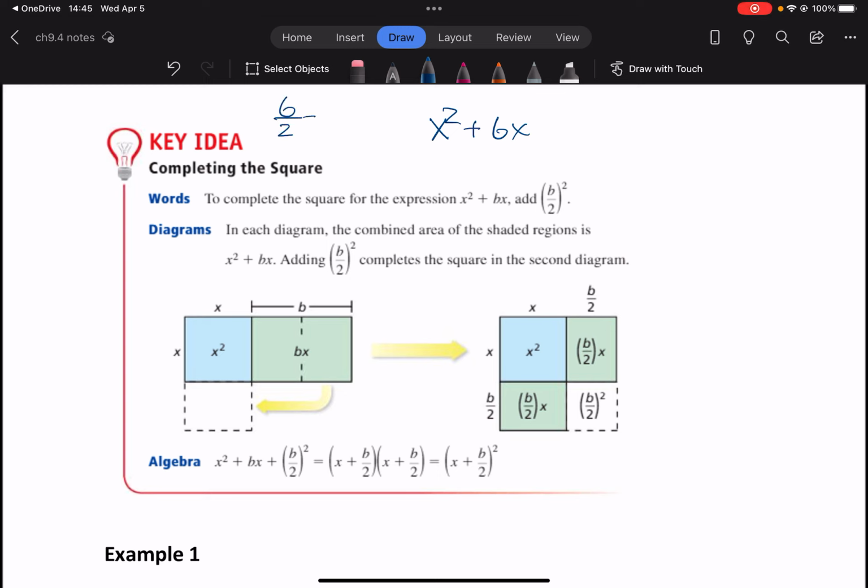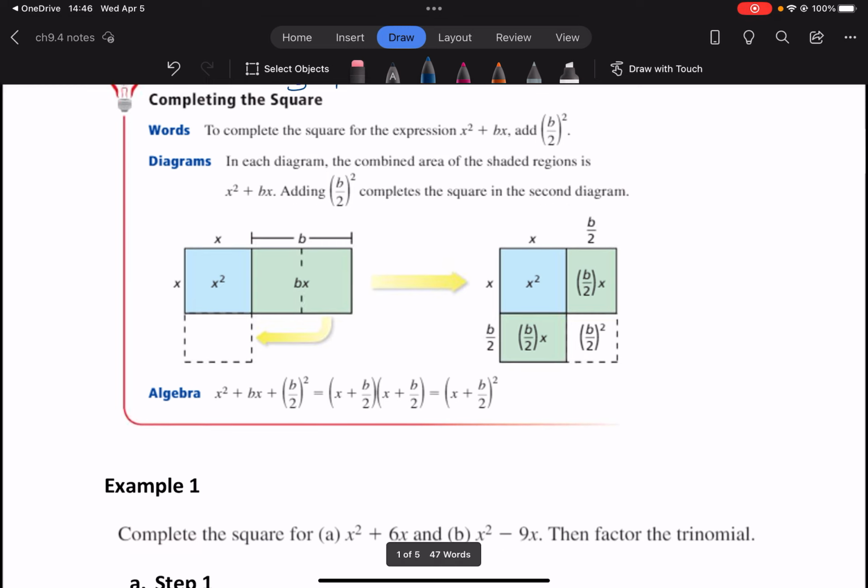So we'll do 6 divided by 2, which is 3, then 3 squared, which is 9. So we're going to add 9 to both sides, which means that when I factor this, I get x plus 3 squared. My factor is always the middle number divided by 2 when I complete the square.